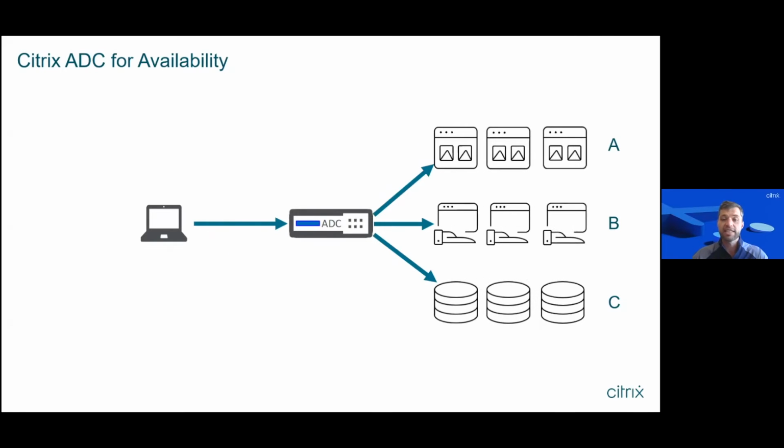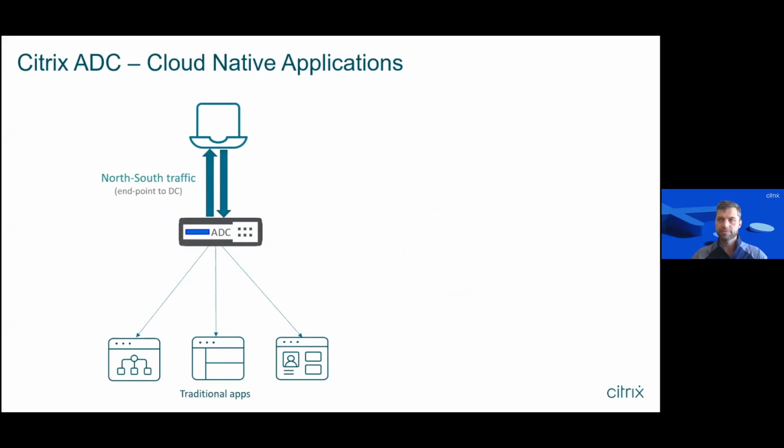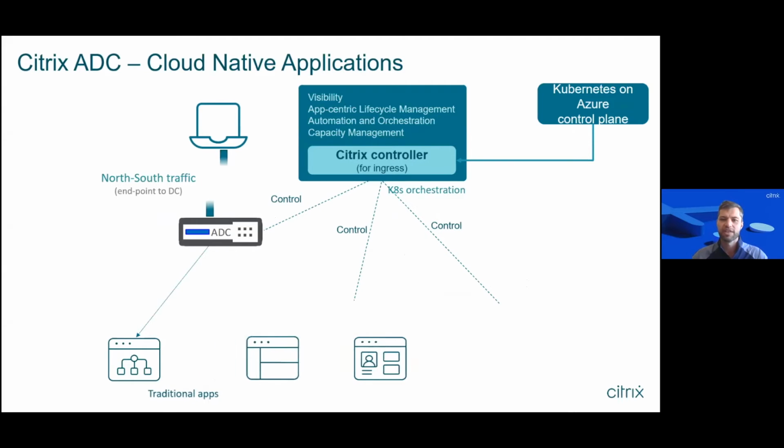In fact, this ADC can sit between different layers to allow the solution to scale where it's needed to improve the availability of each of these layers. And this is what we really traditionally call the 3-tier application approach. So when we talk about the way traffic flows, we typically talk about this client to server traffic, that north-south direction of traffic.